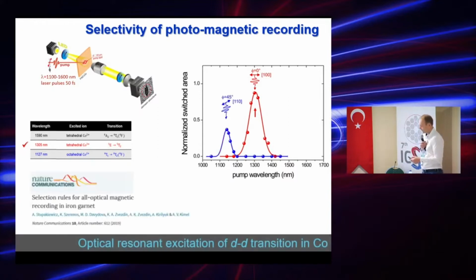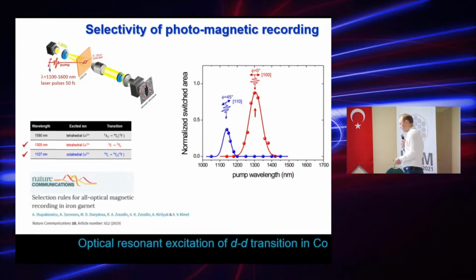Okay, after changing the wavelength and the polarization by 45 degrees, we observe a second resonance. That means we demonstrate the mechanism of excitation of the d-d electron transition in the cobalt ion.